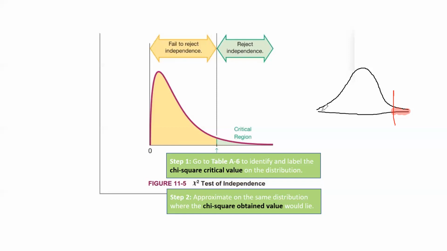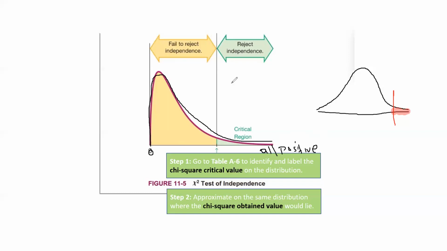Well, if you were to draw a distribution for the goodness of fit or the test of independence, it's actually not a normal distribution. It will look a lot like this. It's skewed. All the values have to be positive. There's no such thing as a negative chi-square value. If you got a negative chi-square, you did something very, very wrong, right? So all positive, I'm going to put that right there.